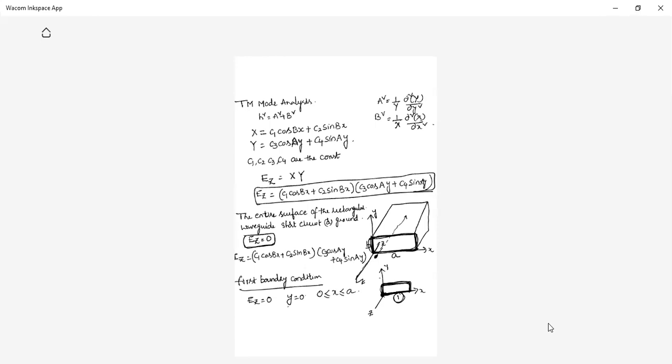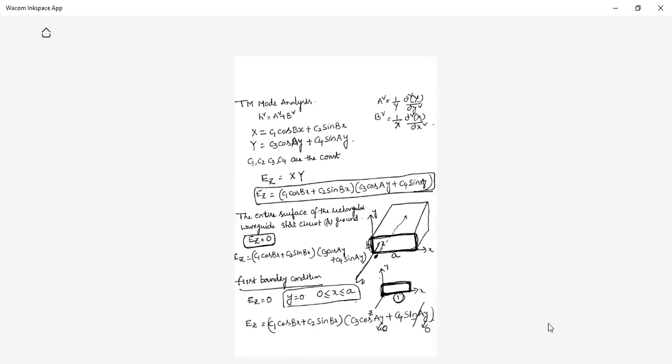Now apply these two conditions in Ez. So what is your Ez? Ez is equal to C1 cos Bx plus C2 sin Bx, into C3 cos Ay plus C4 sin Ay. In this, what you need to substitute? Y should be 0. When I substitute y is equal to 0, sin 0 becomes 0, so this entire term becomes 0.